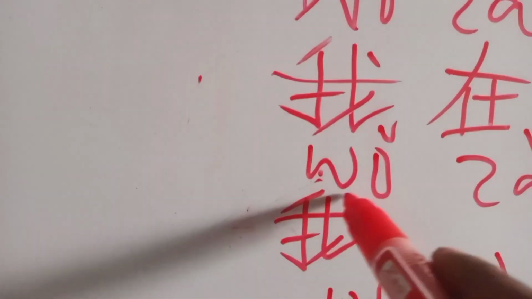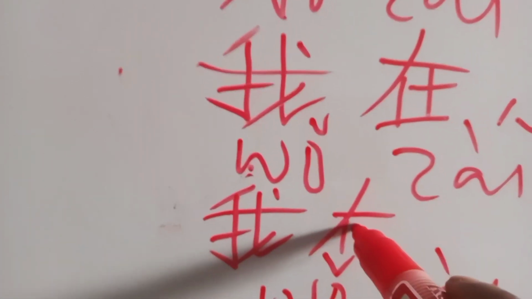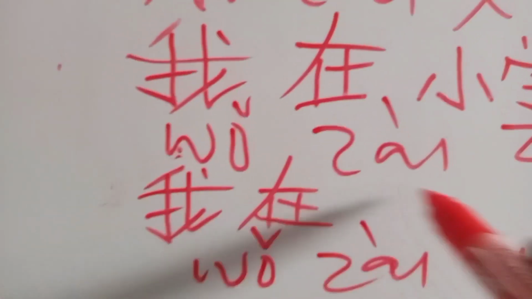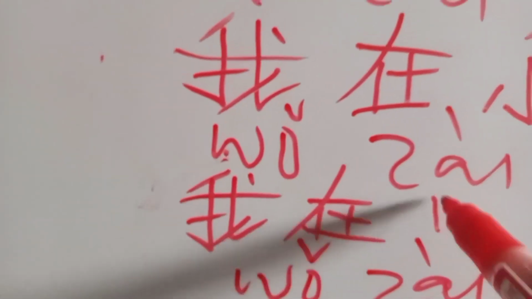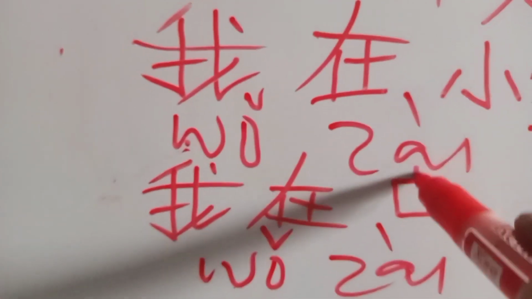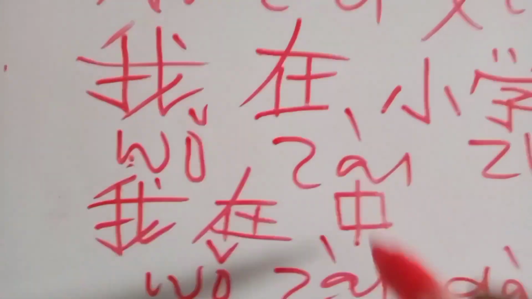我在中学. See how to write 中 like this, and then you divide it. You remember I told you 中 means middle, so just divide it in the middle.